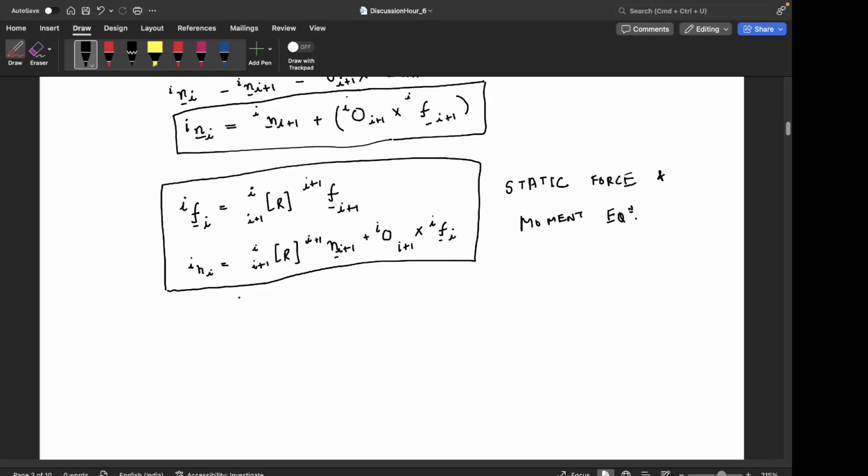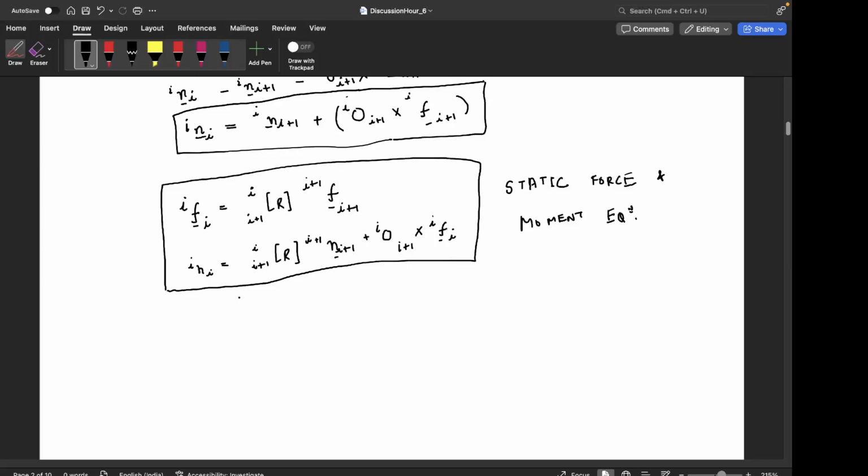Now, if you remember, in the case of angular velocity and velocity propagation, we started from the base link because there we knew that the velocity is zero, right? So we started from the base link and we progressed outwards in the tree. So that is forward recursion.